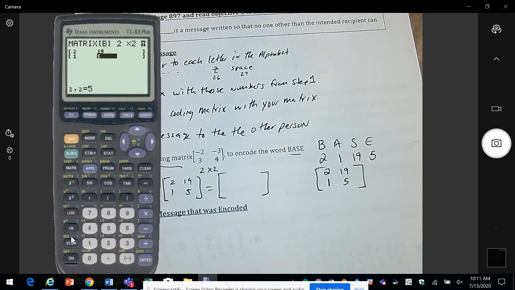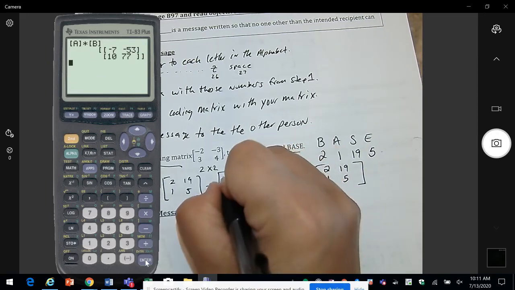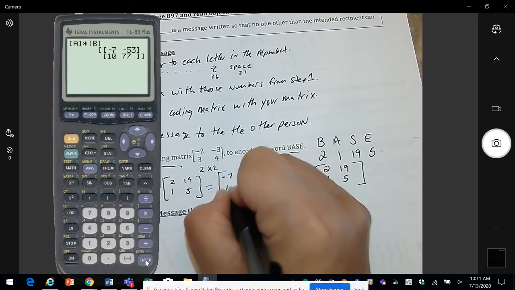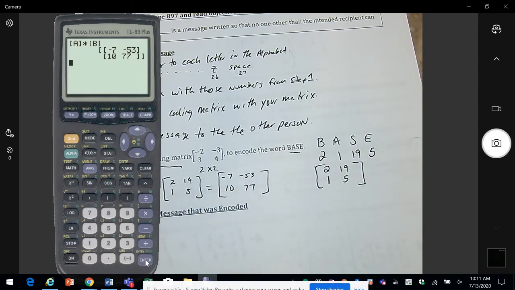Second quit. So I want to multiply second matrix A times second matrix B. And so the numbers I get are -7, -53, 10, and 77.